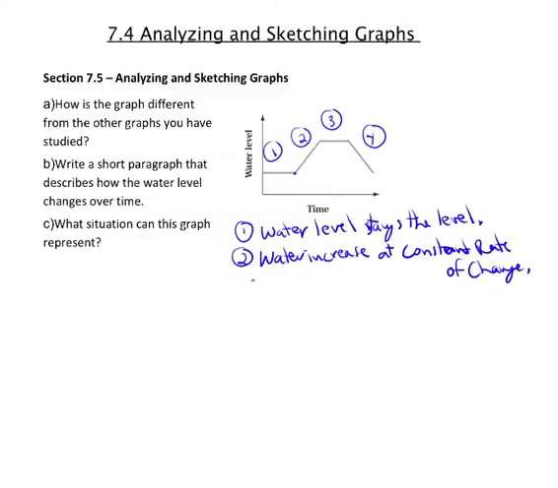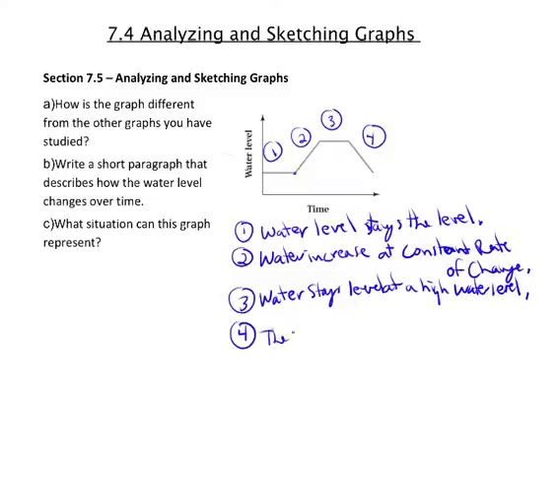Now, what happens up here at part 3? Our third sentence would be: it reached a high level. The water stays level at a high water level. And then fourth, the last part: it drains out at a constant rate.